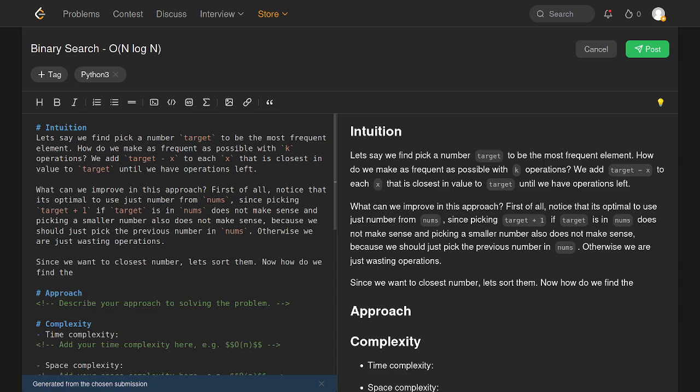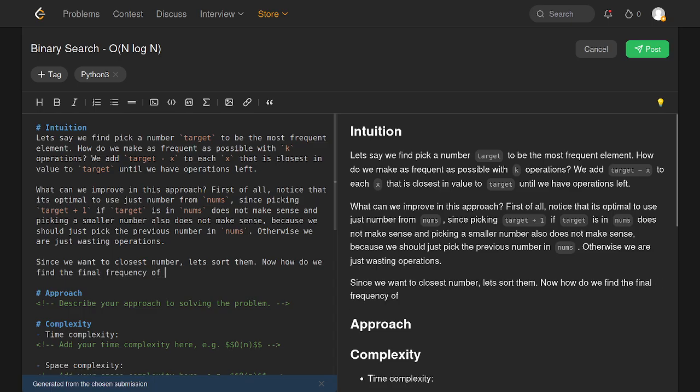Now, how do we find the final frequency of each element with k operations?